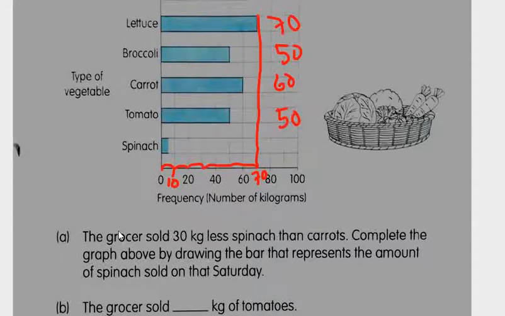Look at question A. The grocer sold 30 kilograms less spinach than carrots. So spinach is 30 kilograms less than carrot. So let's subtract. Let's subtract 60 by 30 because it's 30 kilograms less, right?